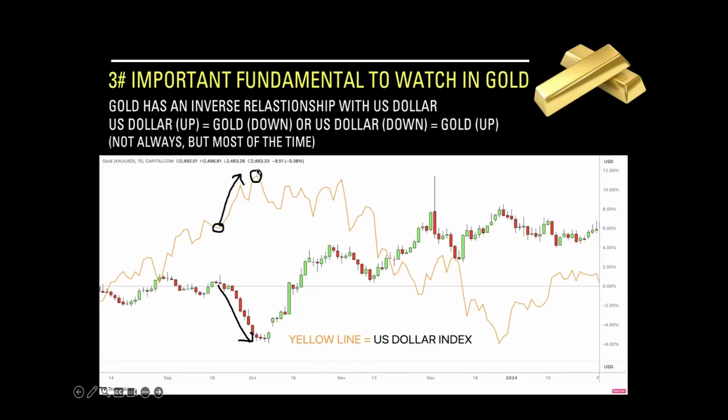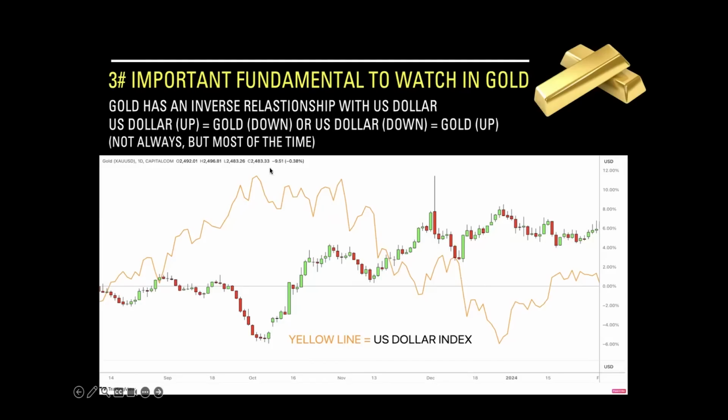Then somewhere from here, the US dollar index started coming down and gold started going up. For example, again from here, you can see that the US dollar index was falling, but gold was going up, right? So that is what is known as the inverse relationship between gold and the US dollar.